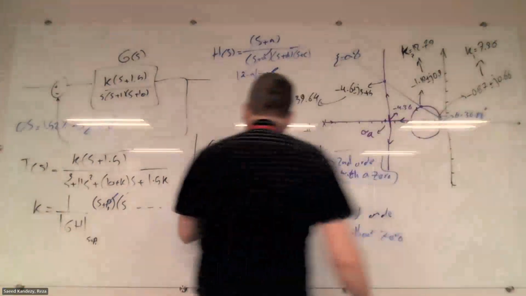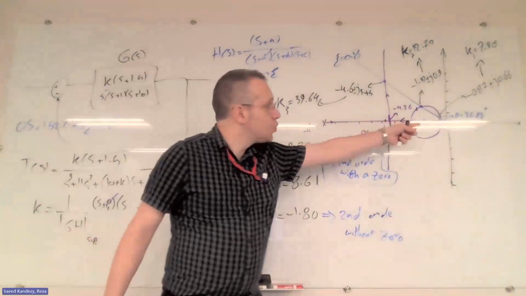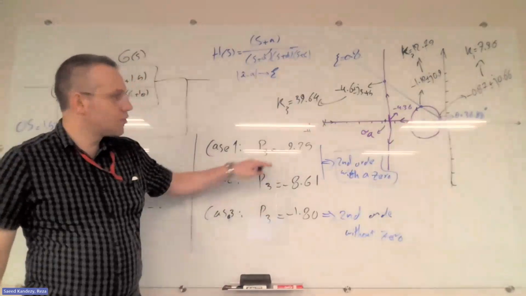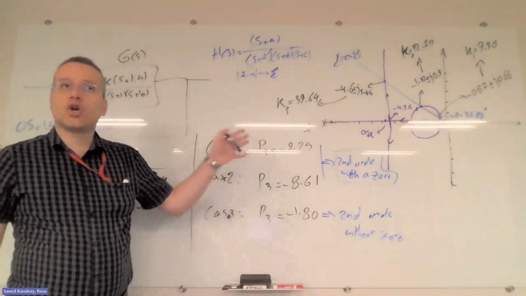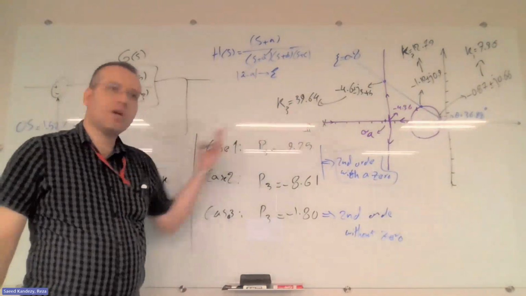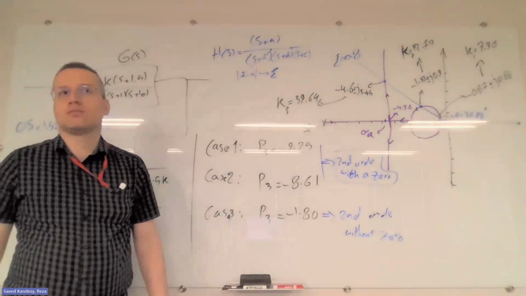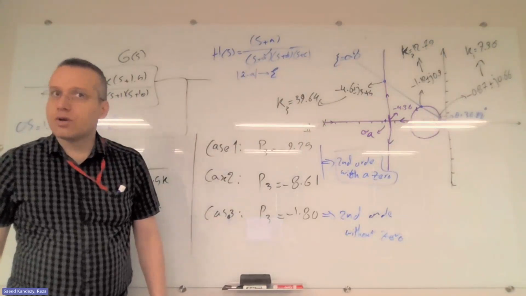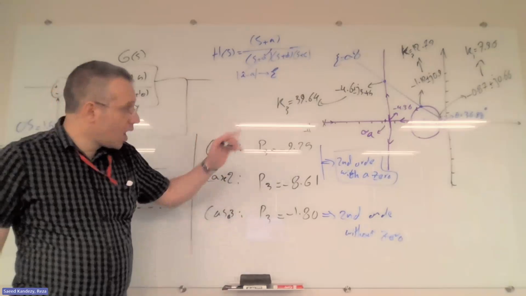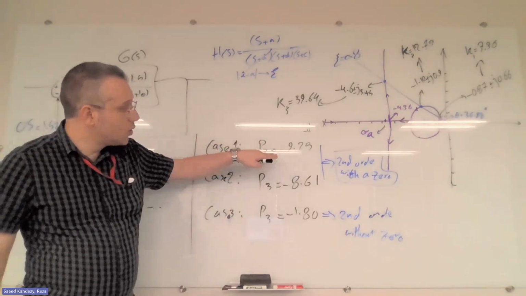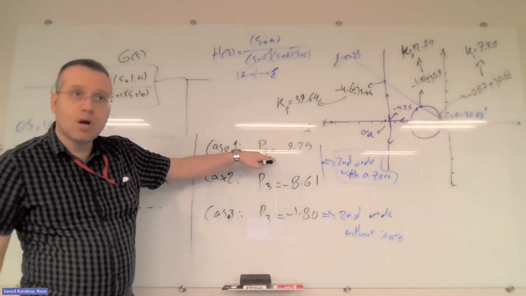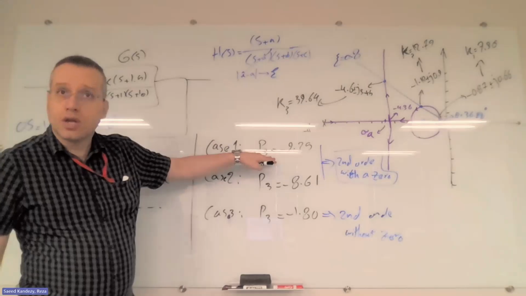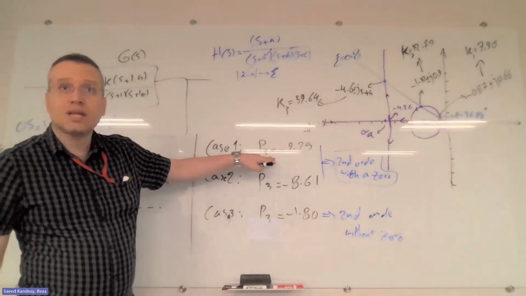Again, for case 1 and case 2, we find the third pole. They are not dominating poles because they are far away from the rest of the poles. Are we good so far? The pole does not affect our dynamics much, so we can ignore it.